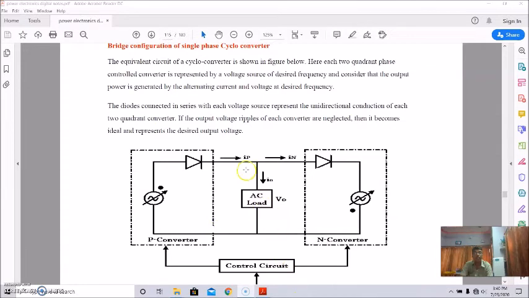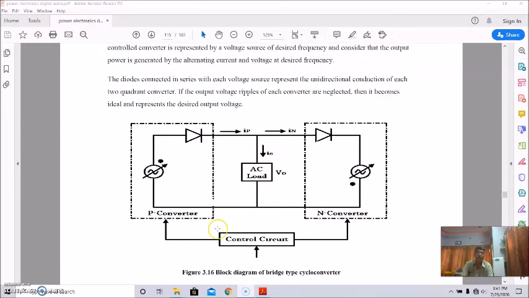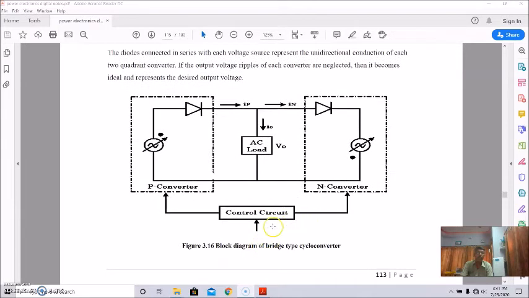This is the input current IP, this is IN, and this is the load current. So this is the positive converter current, this is the negative converter current, and this is your load current. And this is the control circuit. Clear?